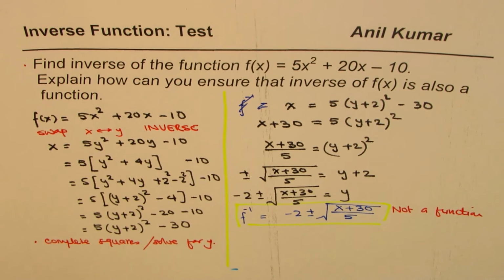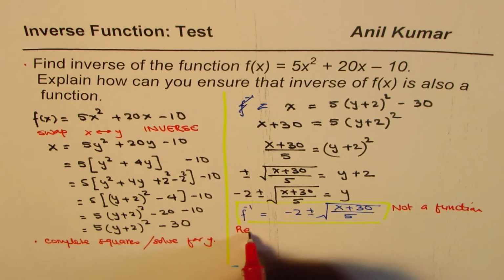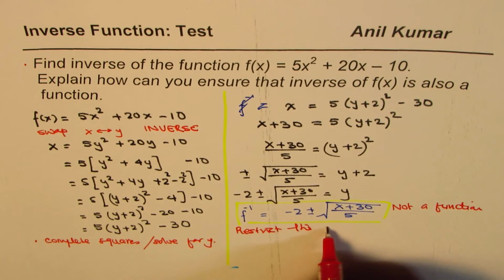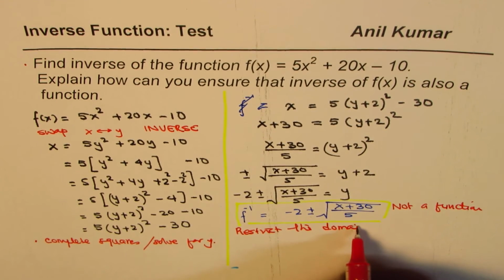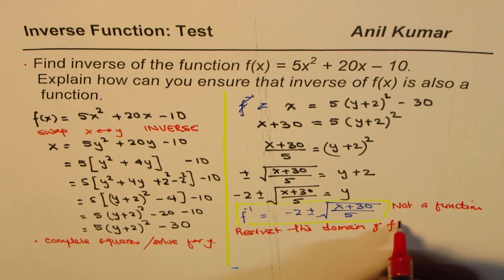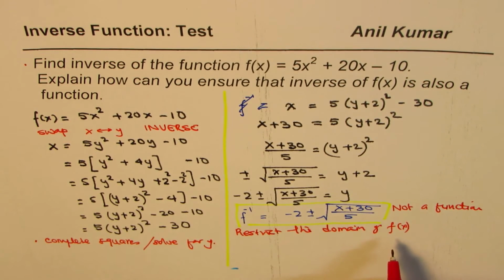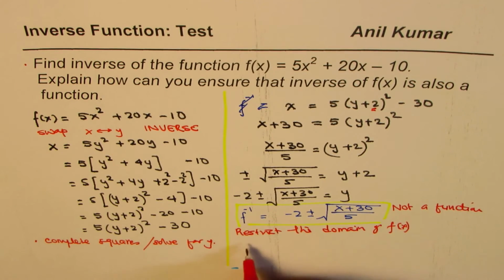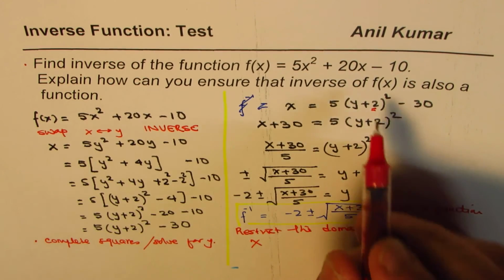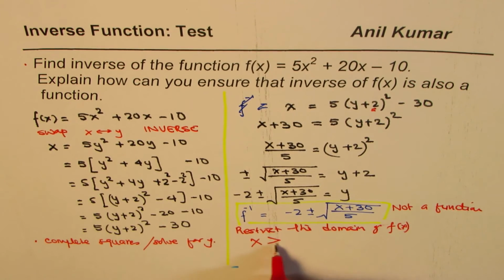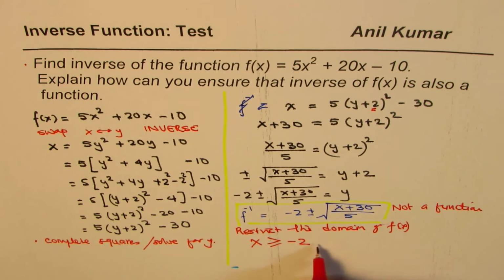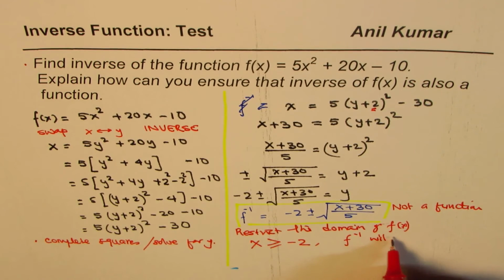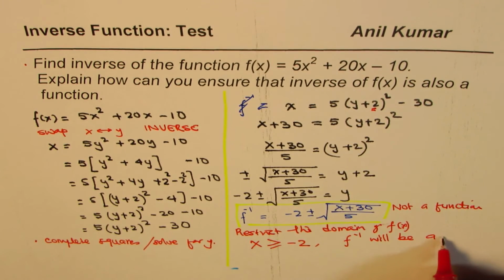So what we can do is restrict the domain of f of x. And how do we restrict this? We can restrict from the vertex itself. So if I say that x is on one side of this, that is greater than or equal to minus 2, in that case f inverse will be a function.